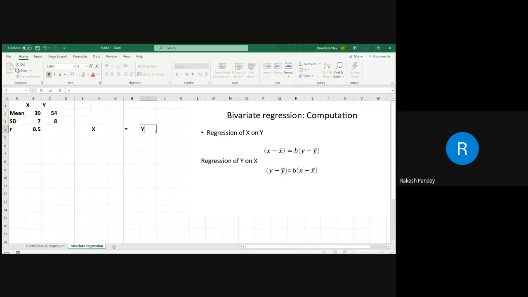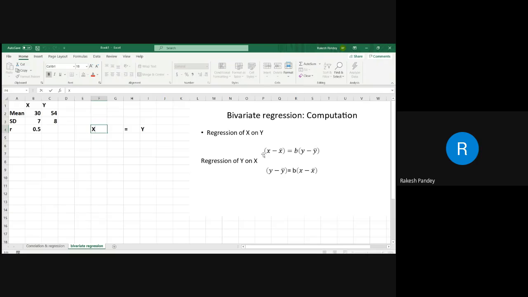So if we have to predict x on the basis of y, we will write x on this side and y on this side. Now, I am telling the mnemonics for how to remember. Regression of x on y means we have to predict x and the y score is given. So x will always be on the left side and y will be on the right side.